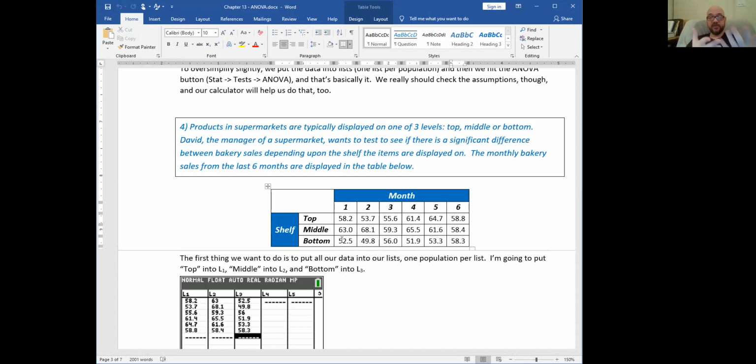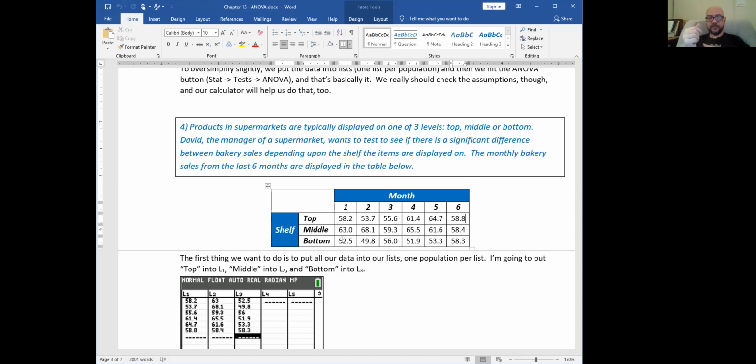Because that's what variance measures. Variance measures how spread out a set of data is. So if we make a set of data out of our sample means, the bigger the variance of that set, the more spread out they are, and therefore the less likely they are to all have equal population means. That's going to be the numerator in our F statistic.